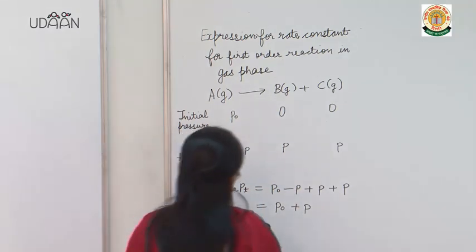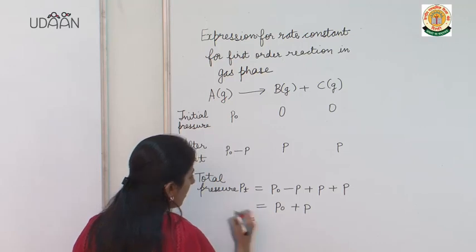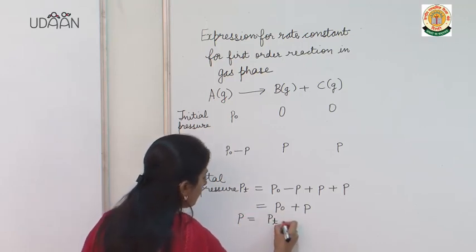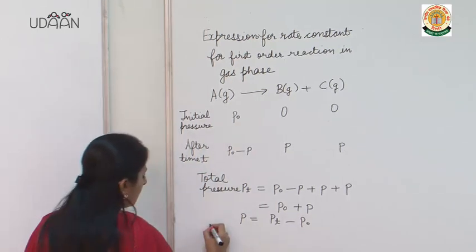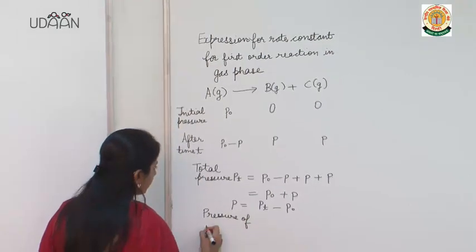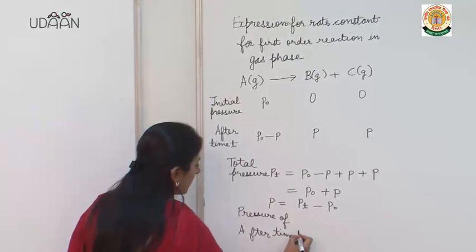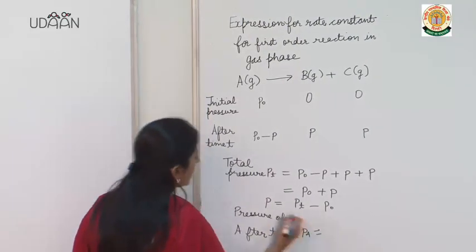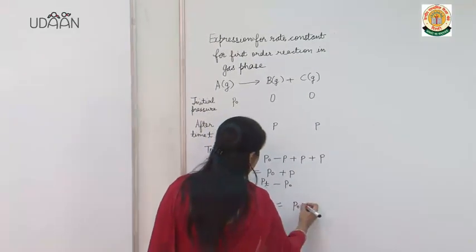Now from here I will find out what is P. P is equal to Pt minus P naught. Now what is the pressure of A after time t? So Pa is equal to P naught minus P, and what is P?